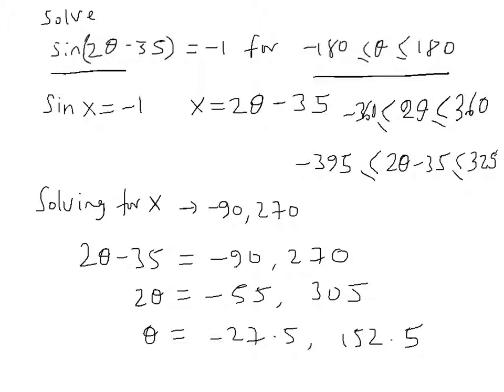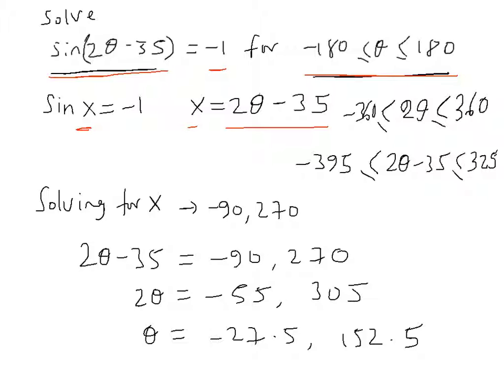So just to go over this, we had sine of 2 theta minus 35 equals minus 1, and we've got this range over here. We can simplify this. We've got a bit of a complicated input here, so we can just make it into x and let x equal 2 theta minus 35.